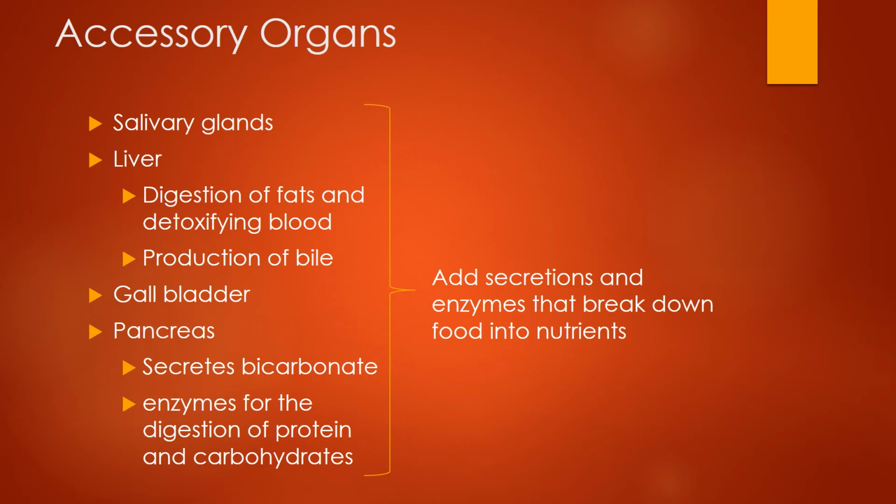The liver is the largest internal organ in humans, and it plays an important role in digestion of fats and detoxifying blood. The liver produces bile, a digestive juice that is required for the breakdown of fats in the duodenum. The liver also processes the absorbed vitamins and fatty acids and synthesizes many plasma proteins.